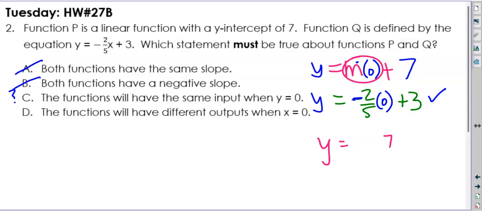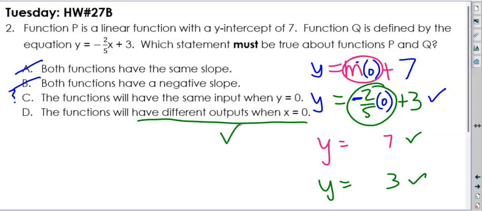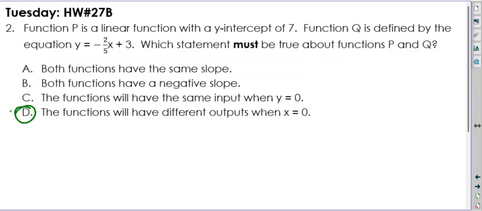For my second sentence here in green, if I do this math, I get y is equal to 0 plus 3, also known as 3. That is definitely different. y can't be 7 and be 3. So they will have different outputs? Absolutely.